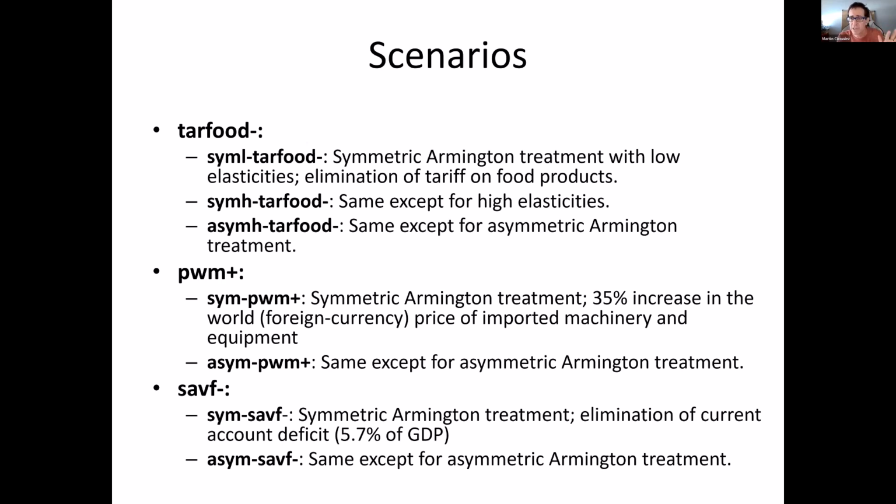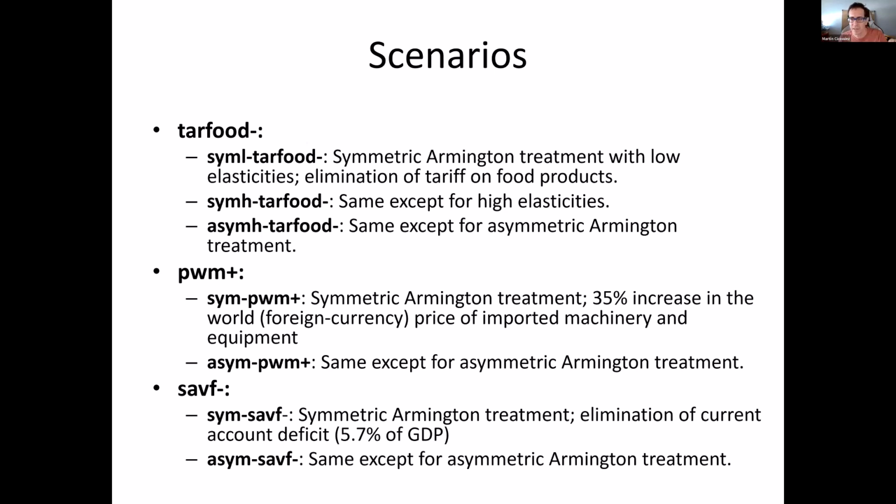Again, the simulation is the elimination of the tariff on food products. Then we run the same scenario using the high elasticities for all the products. And the last one is the asymmetric treatment. I see now that the H here is not really needed. So it's the asymmetric one, and again, it's the same shock.